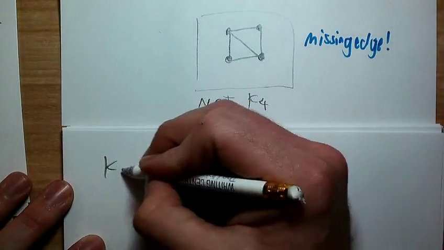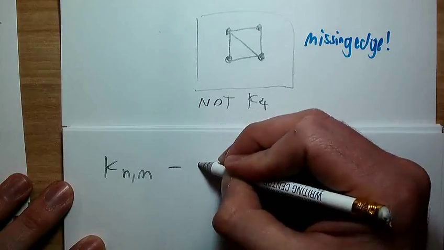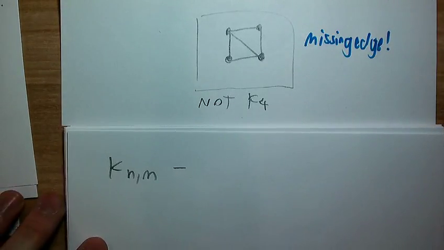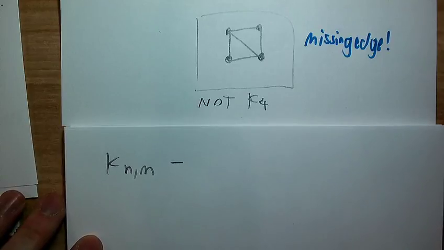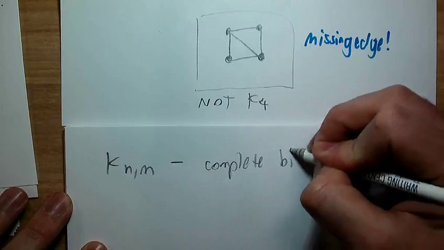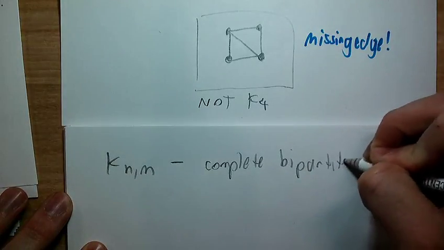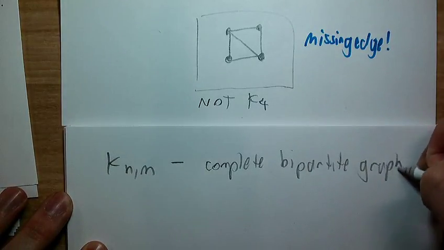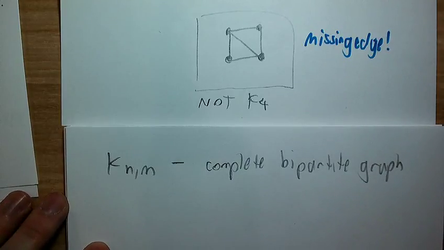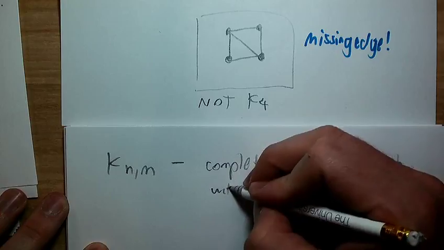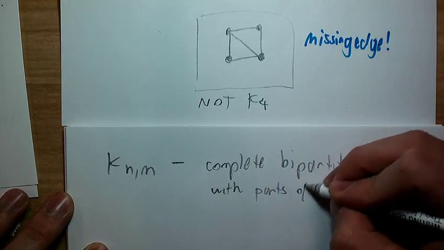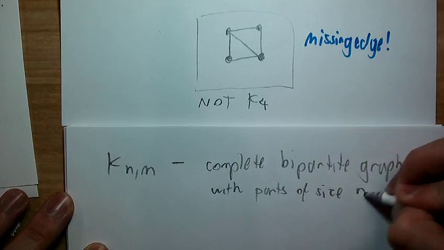So K_{n,m} is the sort of "complete" graph, a complete bipartite graph, with parts of size n and m.